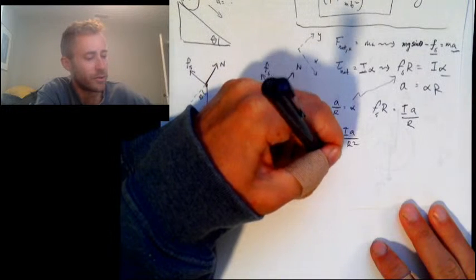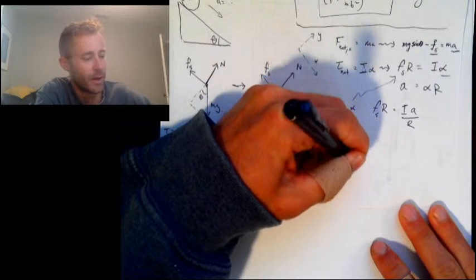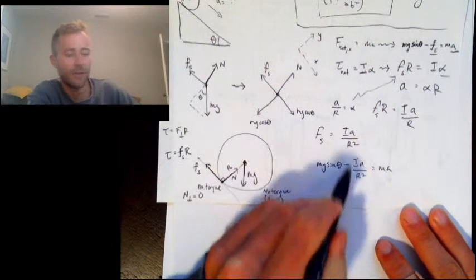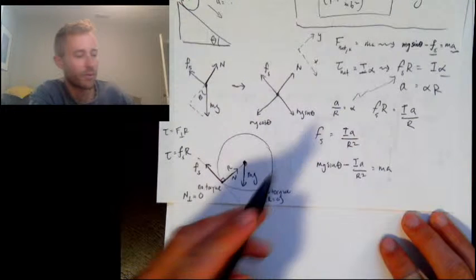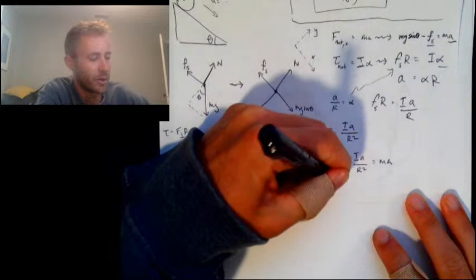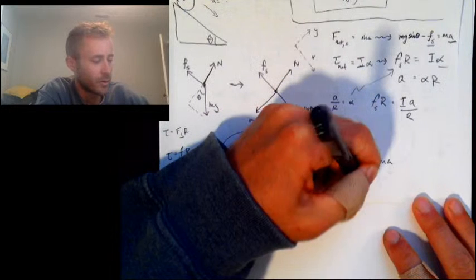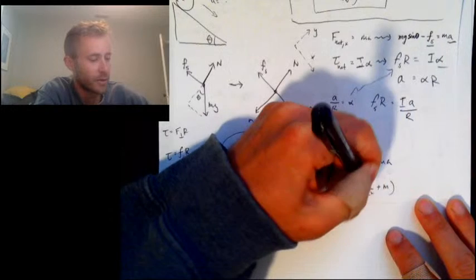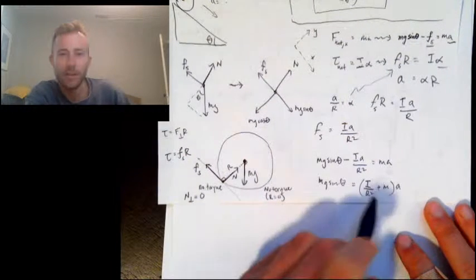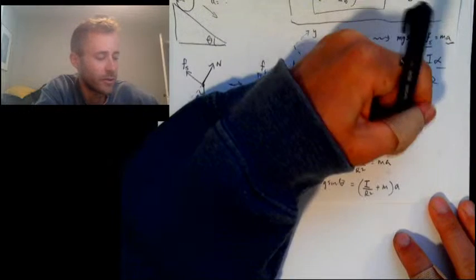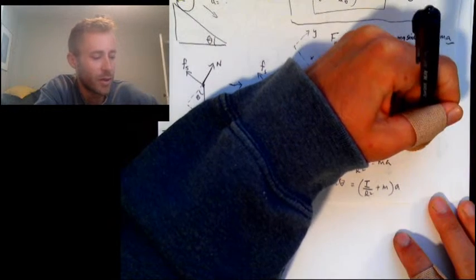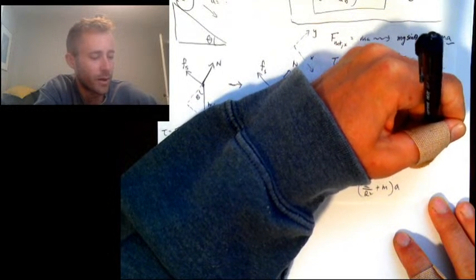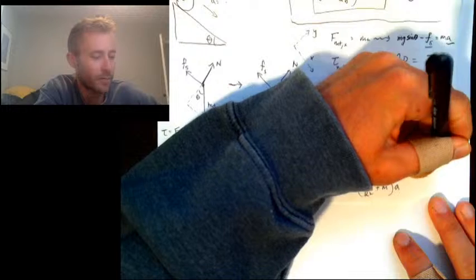So I have mg sine theta minus I a over r squared equals ma. I add this term over to the other side: mg sine theta equals I over r squared plus m, times a. Then I divide by the big chunk, and what I get is the acceleration is g sine theta over the quantity 1 plus I over mr squared.